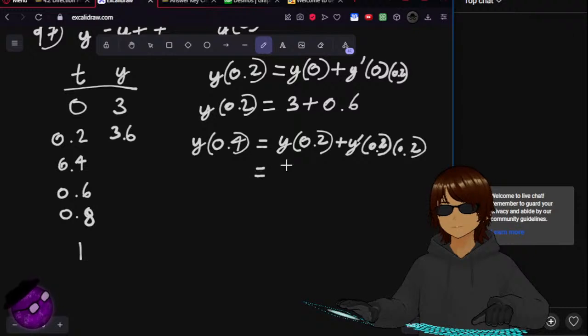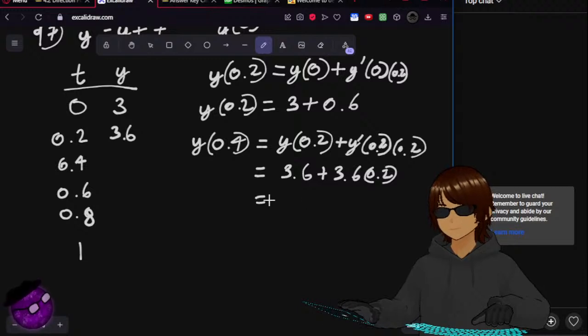Then this is 3.6 plus 3.6 times 0.2, 4.32.